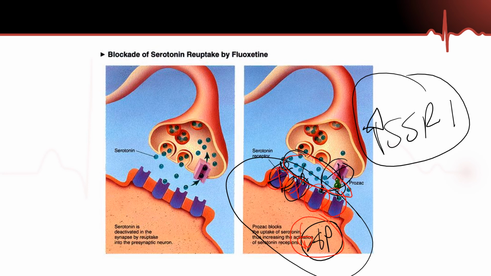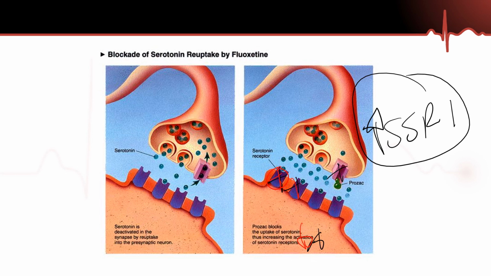And this is what we do with drugs. As the person generates a tolerance to the drug, you give the person more of the drug. Because if you give the person more of the drug, what will happen? Well, if you give the person more SSRIs, then more serotonin reuptake pumps will be blocked, and even more serotonin will hang out in the interstitial fluid.